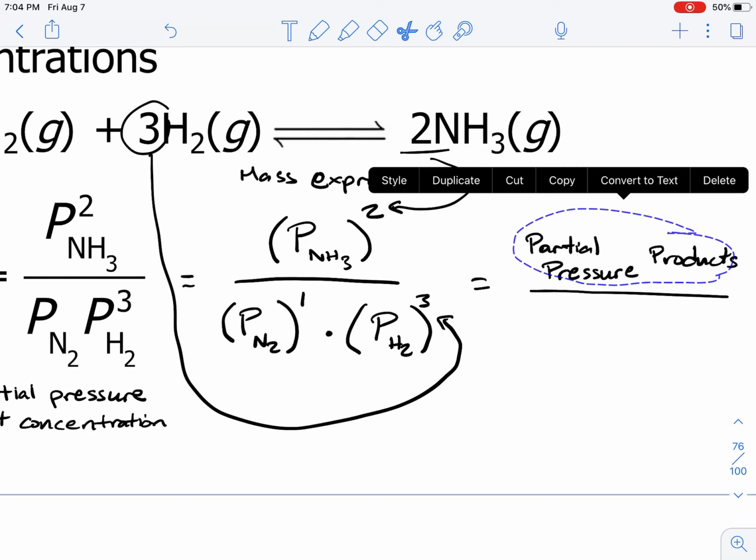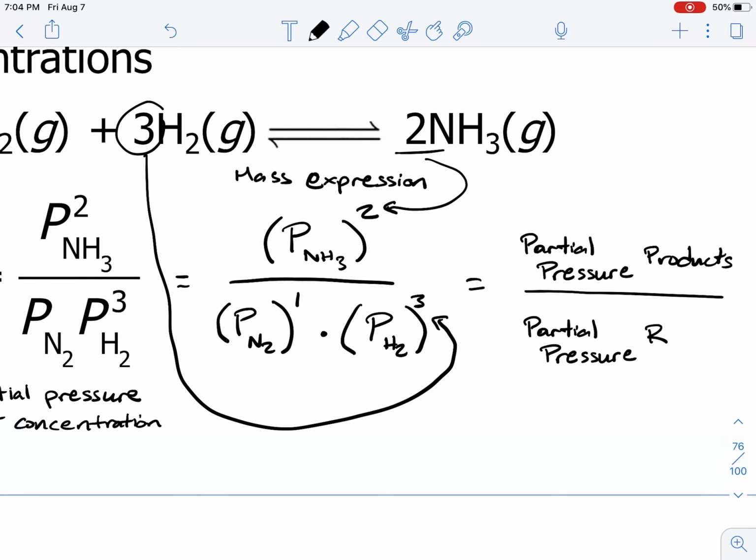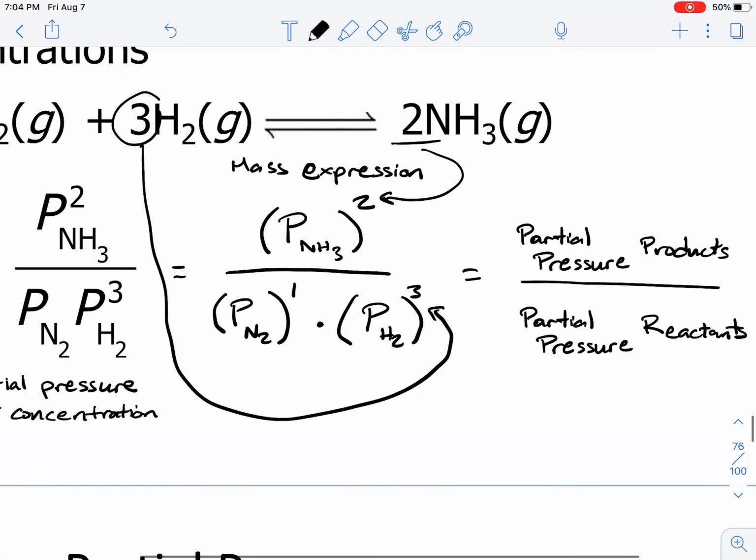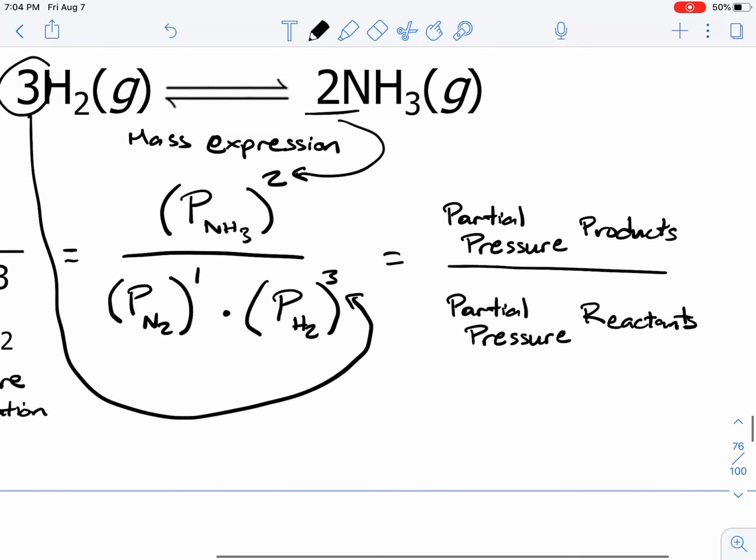And if you guys haven't seen this notation before in the first semester of general chemistry, the partial pressure is symbolized as capital P, and the subscript that follows, for example N2, represents the identity of the gas.